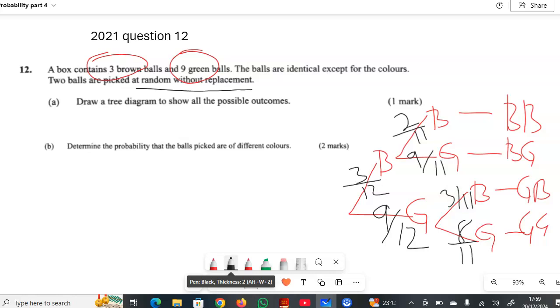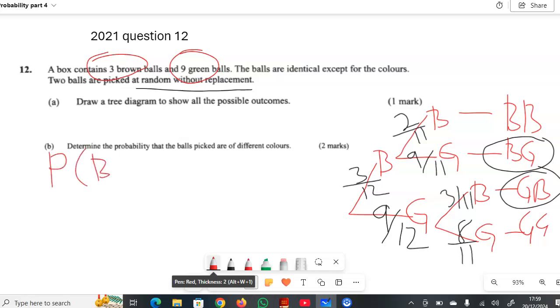Part B, to determine the probability that the balls picked are of different color. So where do we have different color? It is either brown-green or green-brown. So that is the probability that we're interested in. We need the probability of brown, green, or the probability of green, brown.